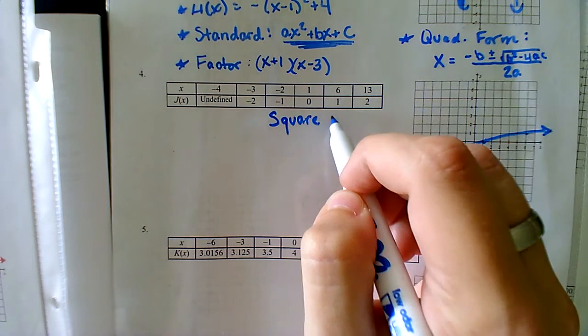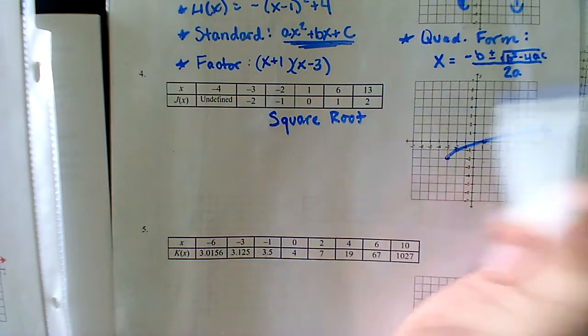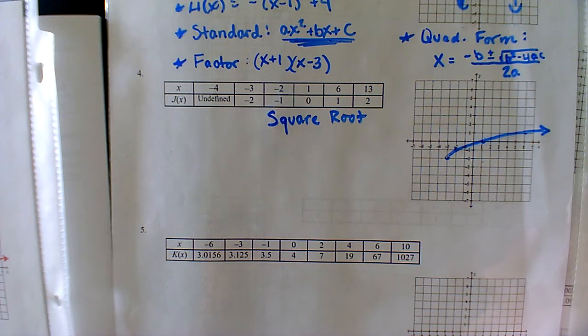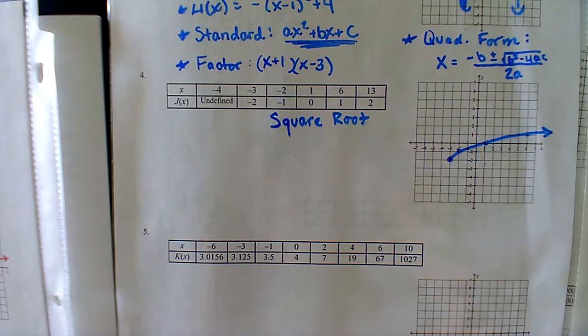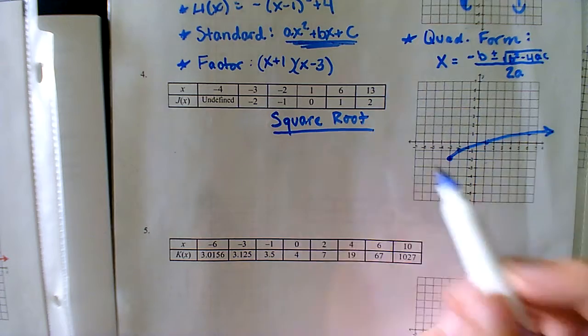Square root. Good. A square root is half of a parabola, like half of a U shape, just on its side. You see how you have that starting point, that vertex, and then you curve like a U? Okay, it's just on its side. So this is a square root graph.